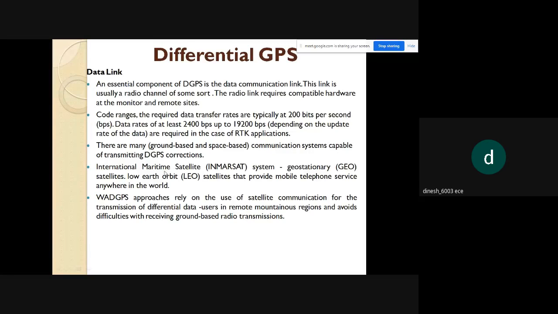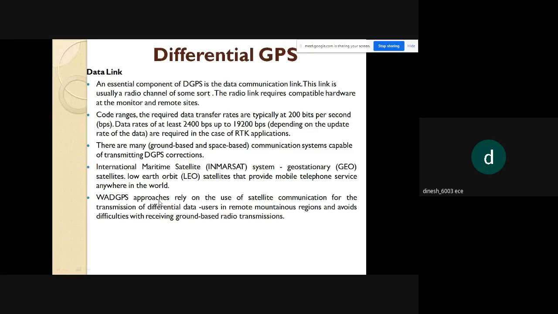So where do we place these satellites, or where do we apply this DGPS? It is found in Inmarsat, the International Maritime Satellite System, GEO satellites, LEO satellites, geostationary satellites, and low Earth orbiting satellites. All of these provide DGPS throughout the world.